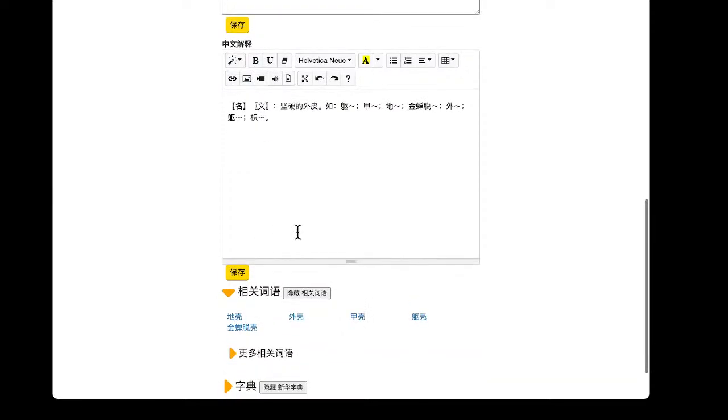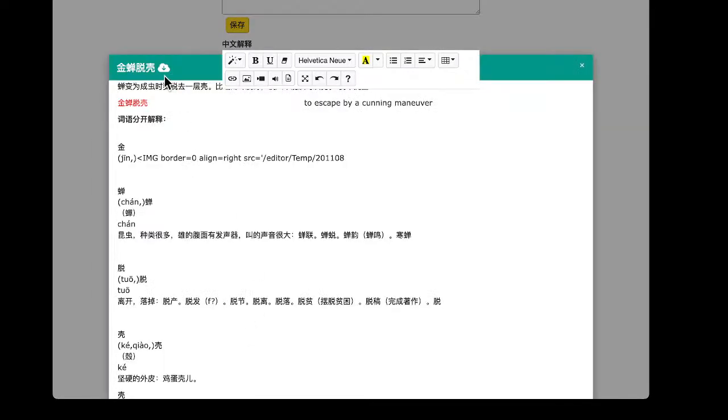For example, 地壳. That means the outer part of the earth. You don't say 地壳 with the other reading. Just 说甲壳. 甲壳. 躯壳. 金蝉脱壳. 金蝉脱壳.